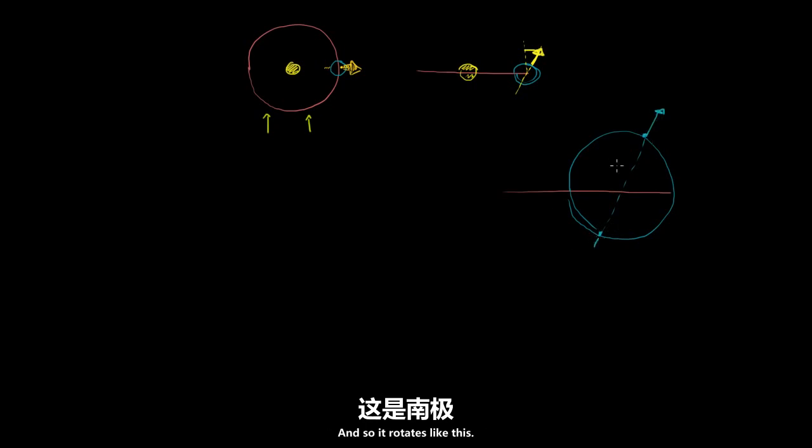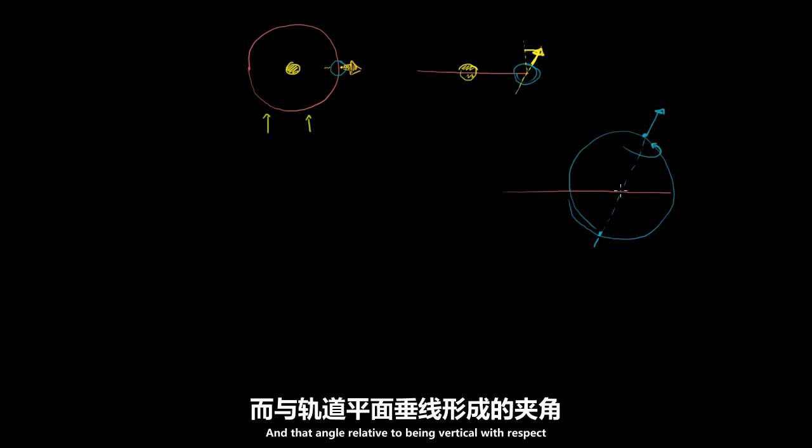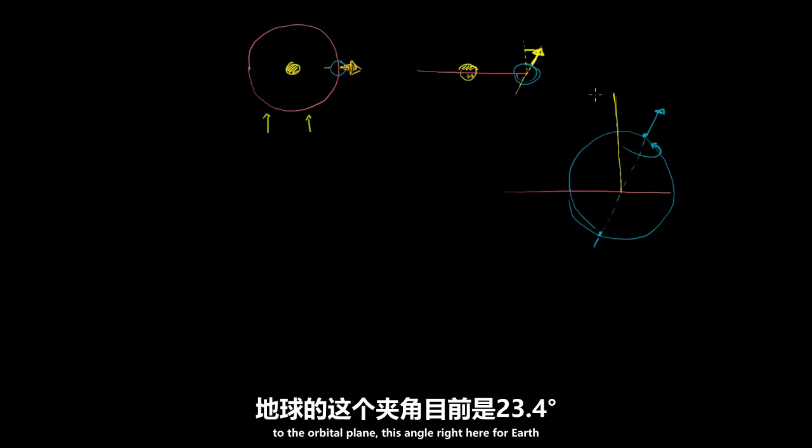And so it rotates like this. And that angle relative to being vertical with respect to the orbital plane, this angle right here for Earth right now is 23.4 degrees.